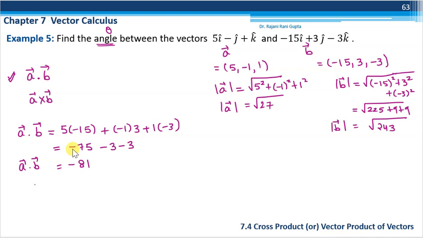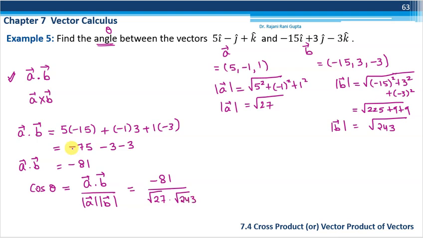Now using cosine of theta, which is A bar dot B bar over magnitude of A, magnitude of B. So this is minus 81 over root 27, root 243. When you are finding theta, it's simply the cosine inverse of minus 81 over root 27 root 243.